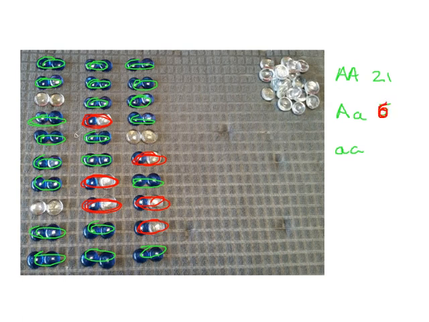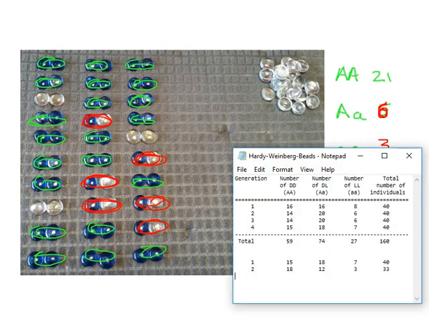I did miss one. And homozygous recessive, 1 there, and 2, still 2, 3. 21, 6, and 3 are the revised numbers. Generation 3 goes 21, 6, 3. That's a total of 30 individuals.